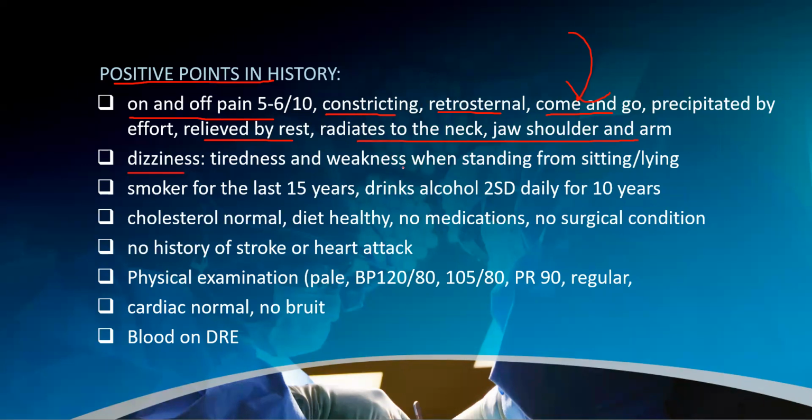Patient also feels dizzy, especially when they stand from a sitting or lying position. Is a smoker for the last 15 years, alcohol for 10 years, normal cholesterol, healthy diet, no other conditions. No history of a stroke or heart attack. So the only thing that you have found out is that this patient is having angina kind of chest pain and also weakness and tiredness, especially dizziness.